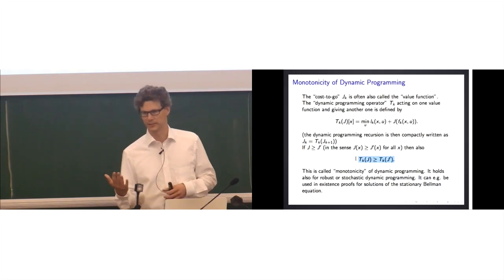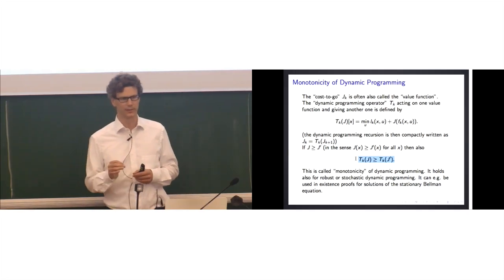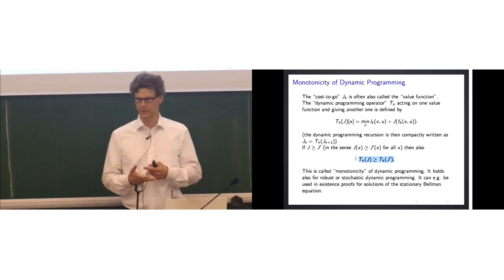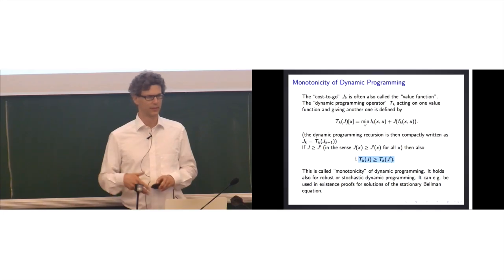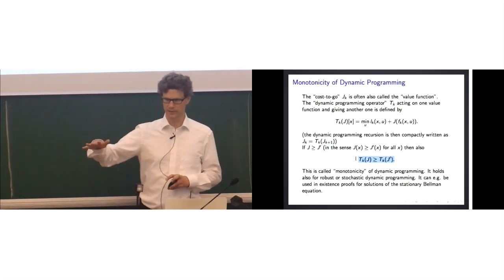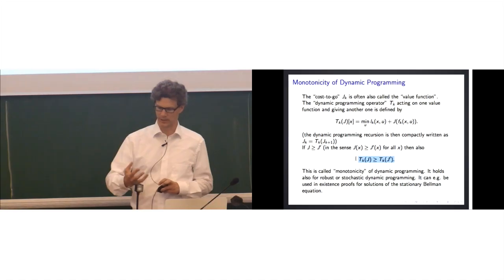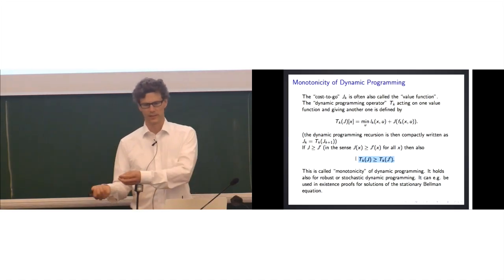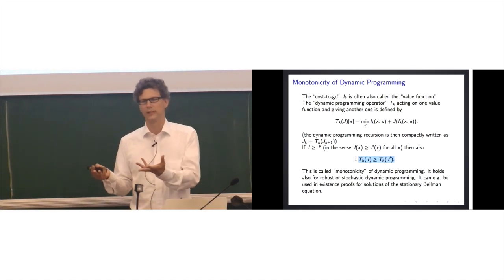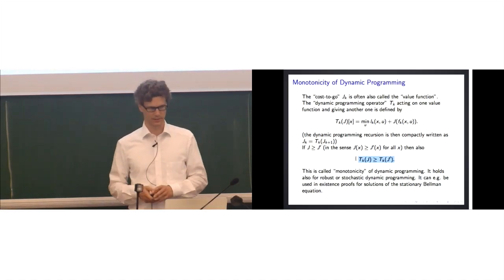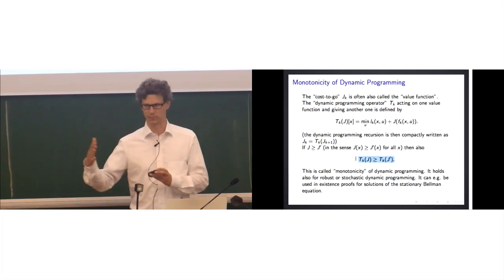So imagine, for example, why this could be useful. You could have a positive stage cost. Very often we have that in MPC. You could start with 0 terminal cost, so you have nothing. After one time step, when you take 0 and you apply dynamic programming once to it, you get a function which is bigger or equal to that because your cost is positive, right? So that's what would happen.